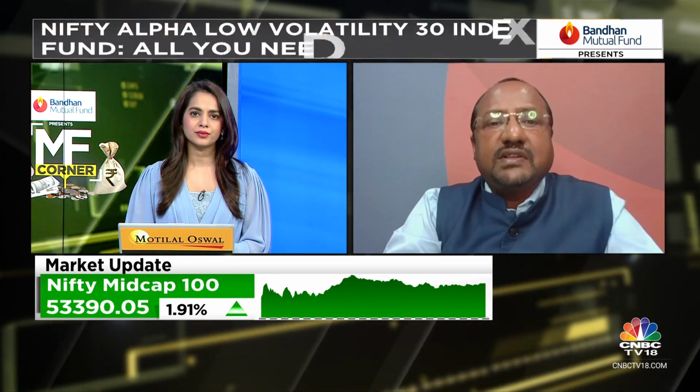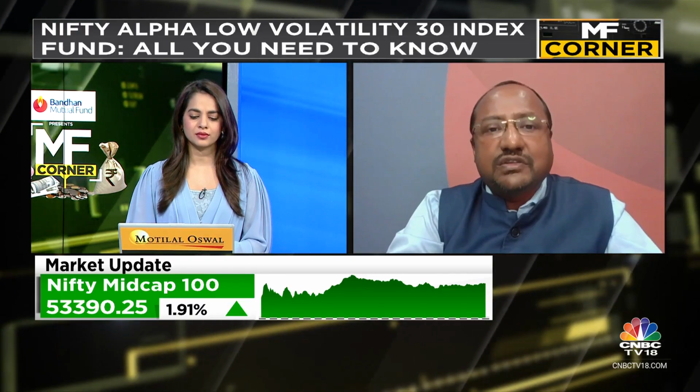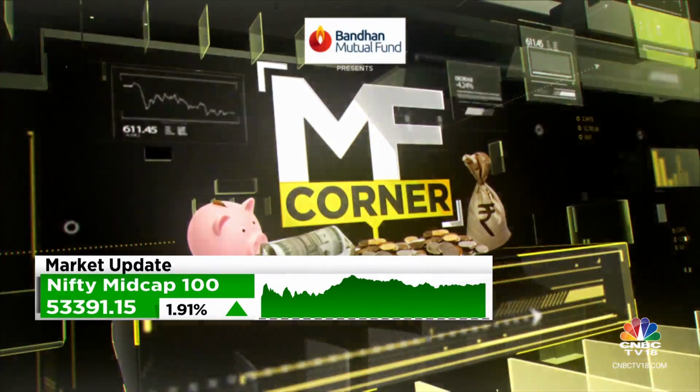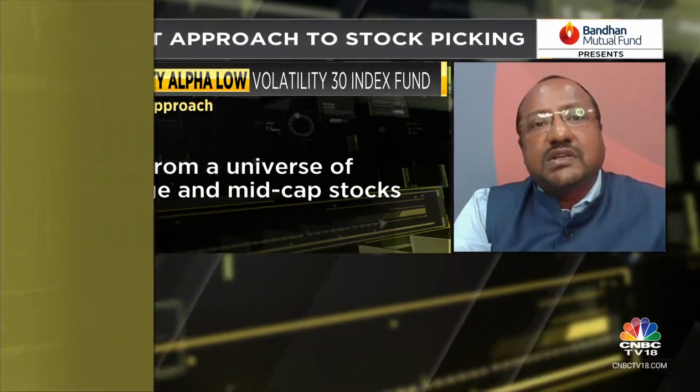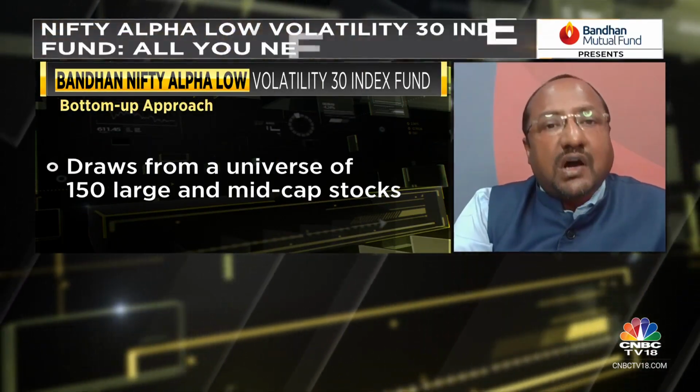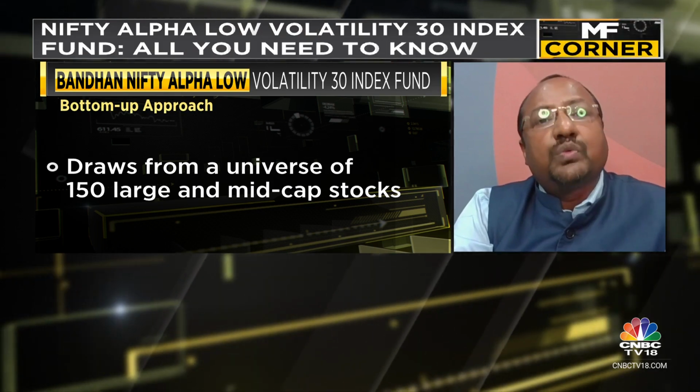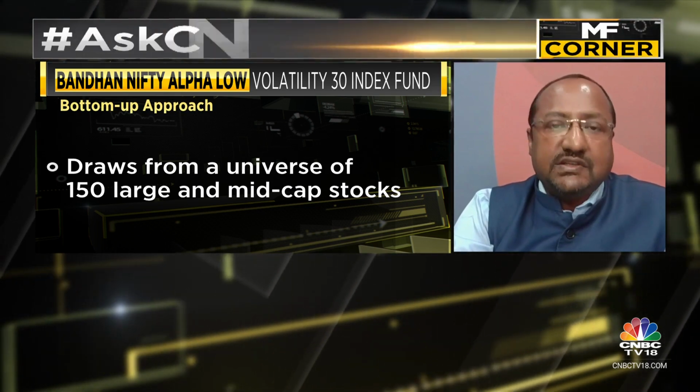Well, absolutely. In this case, the 2 factors actually add up to 11 rather than 2. If I look at the Nifty Alpha Low Vol 30 Index, the underlying universe comprises the top 150 market capitalized companies, which includes all the 100 large cap companies, alongside 50 mid capitalized companies. For each of these companies, an individual alpha score as well as a low volatility score is calculated.